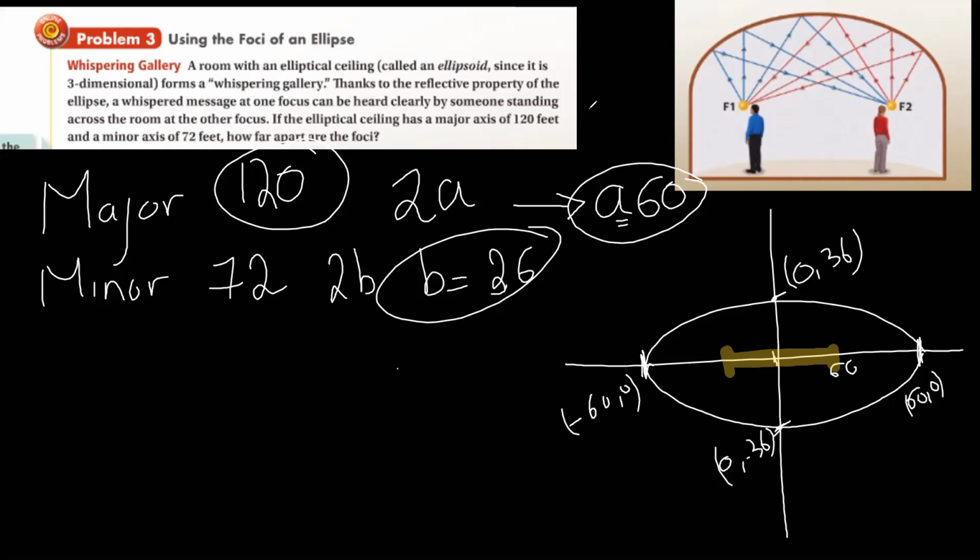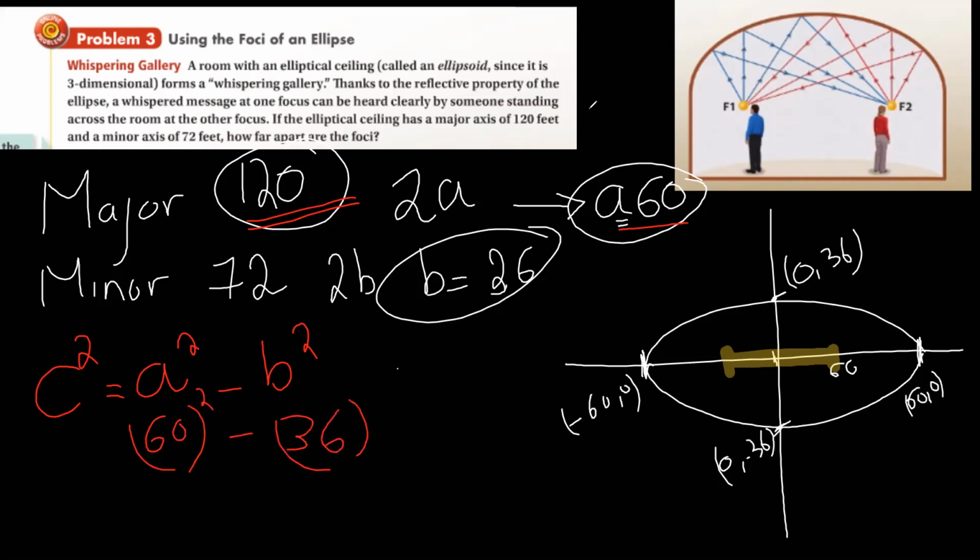Then I go back to this relation. C squared is A squared minus B squared. Where is A? It is 60. 60 squared minus the value of B, which is 36 squared.